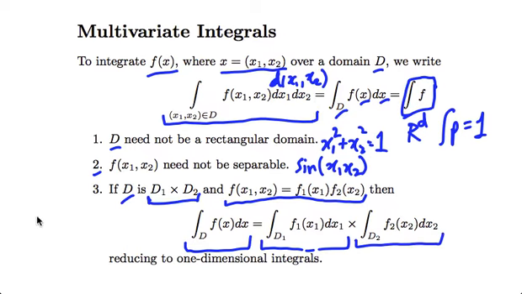Or a more succinct way that you might see that is: integral over D of f is integral over D1 of f1 times integral over D2 of f2. And so this would then reduce to one-dimensional integrals.